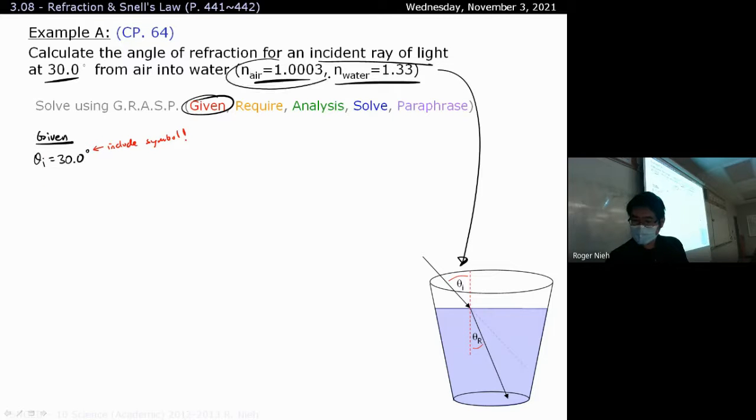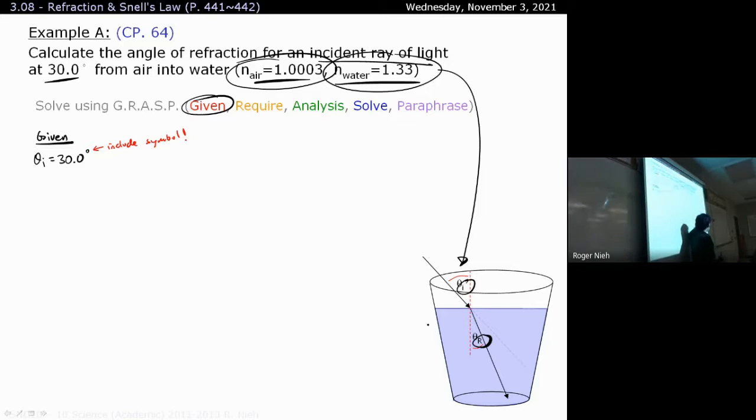Next thing is that we're going from air into water. Now the letters I and R, their whole purpose is to denote this part of the problem and this part of the problem. I is for where the light is coming from, and it is coming from air. So we know that our N of air is our incident index.